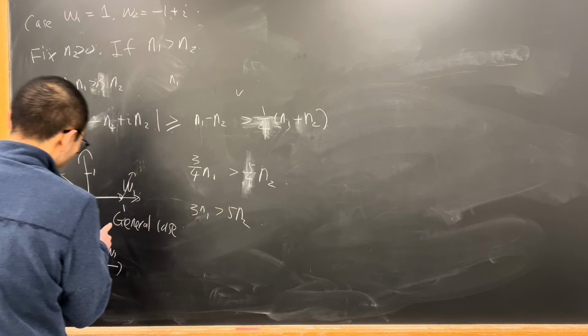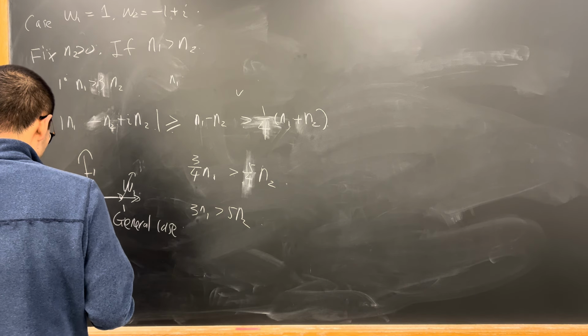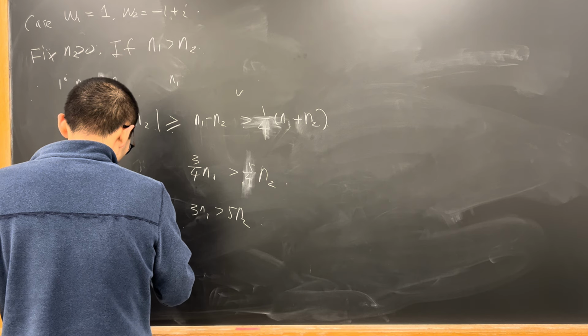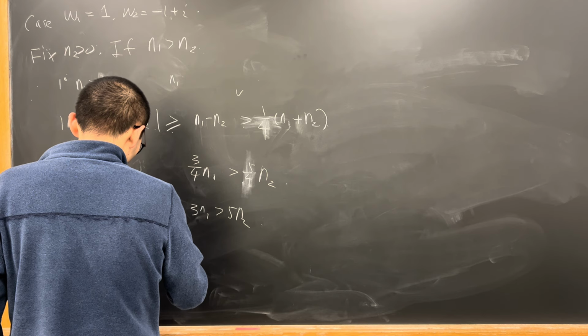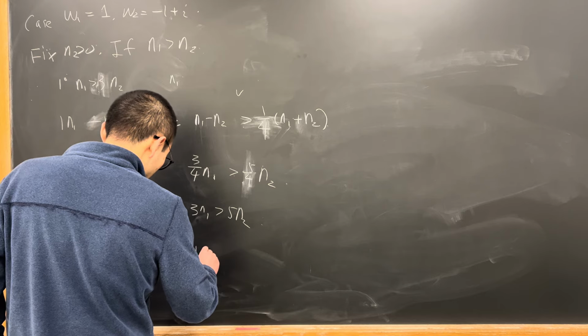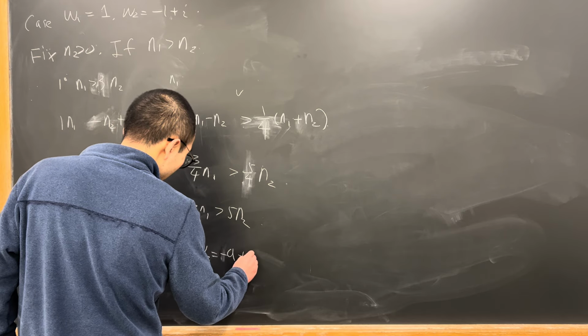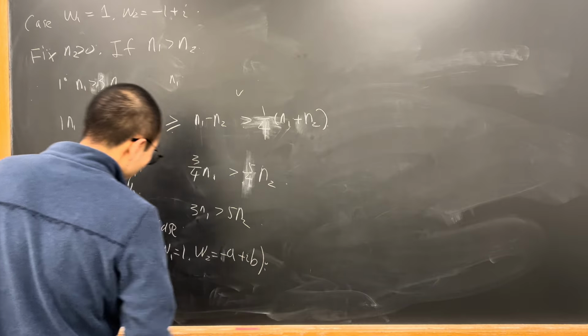When we are at the general case where this A and B are constrained, so omega 1, W2, negative A plus iB, okay.